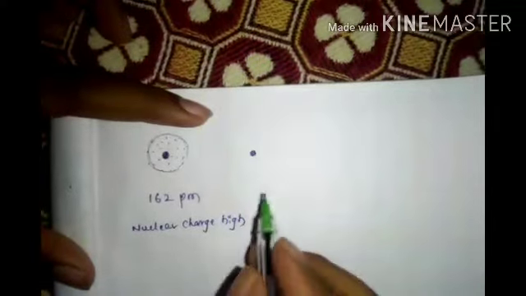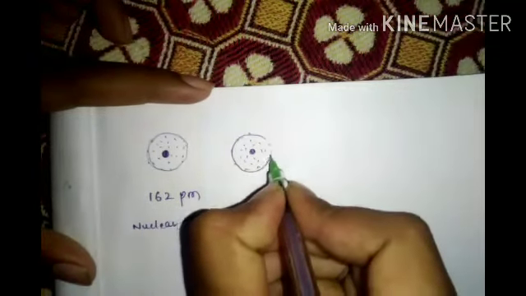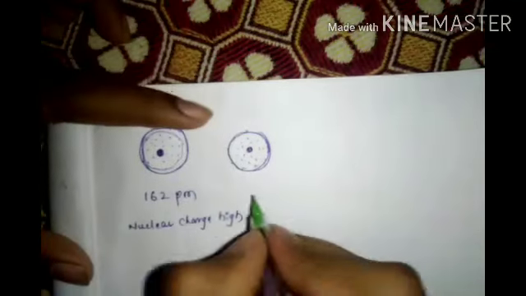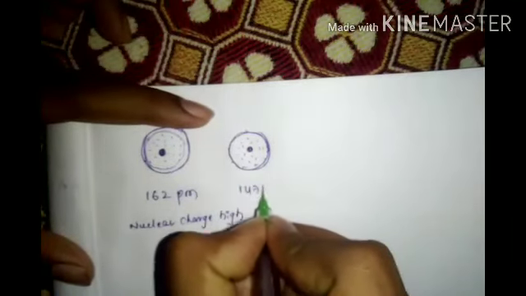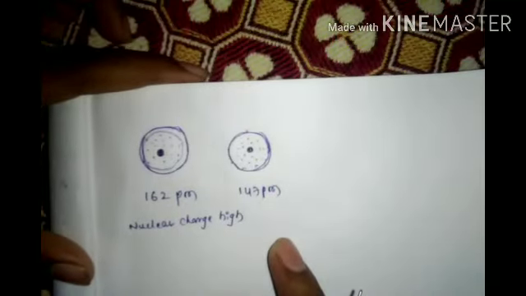Then next, titanium. One extra electron is coming, 22. But what is happening here? The nuclear charge increases, so the electrons are held very tightly. So the size decreases a little bit. This is larger, this is smaller. Now it is 147 picometers. Every time the nuclear charge increases. Till what?